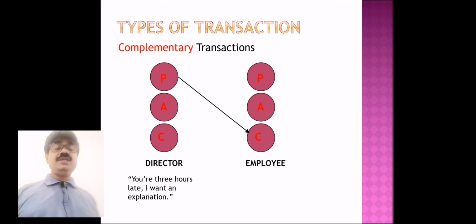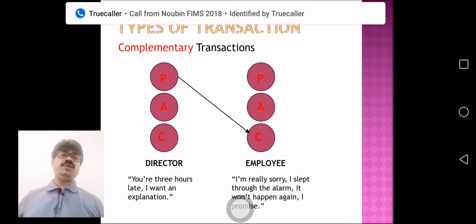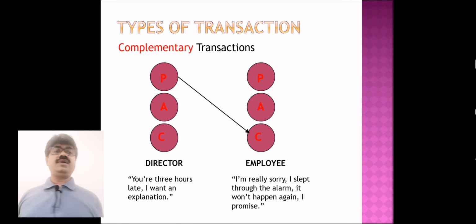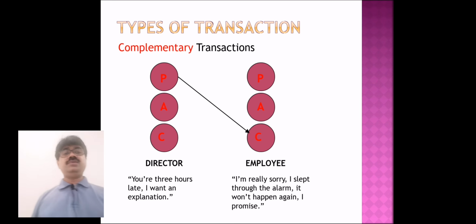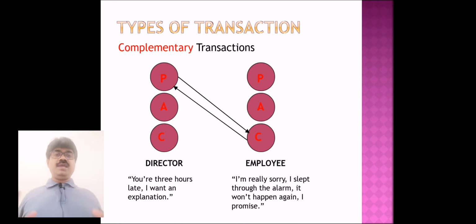Now, let us see what return stroke he is getting. The employee says, I am really sorry, I slept through the alarm. It won't happen again, I promise. Now the employee is also behaving like a child.